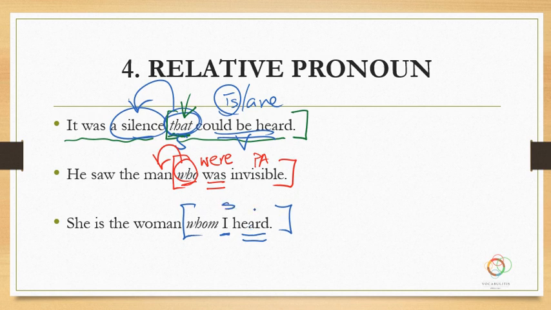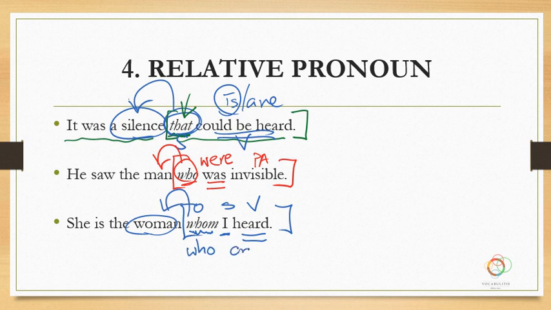So there's my subject, there's my verb. What did I hear, or whom did I hear? I heard this woman, and this woman is the object of this clause, and that's why we need that whom instead of a who.